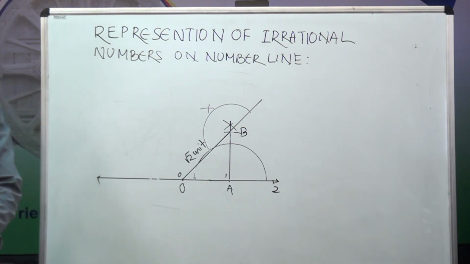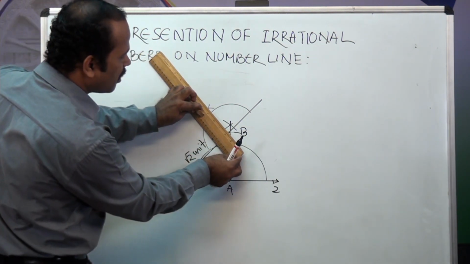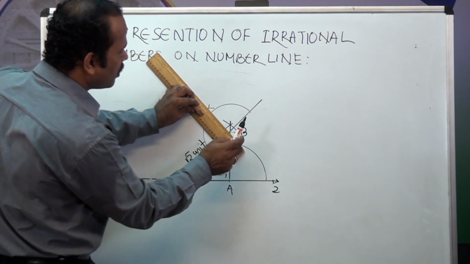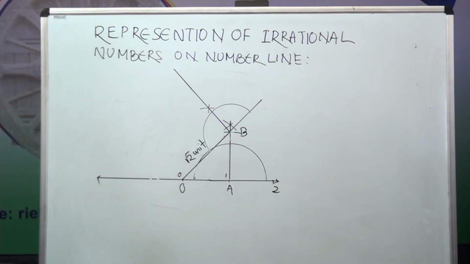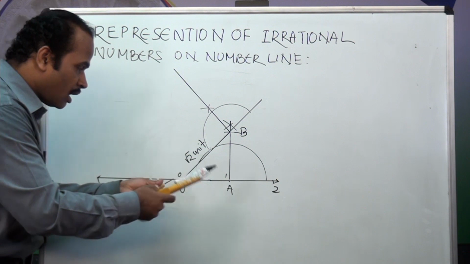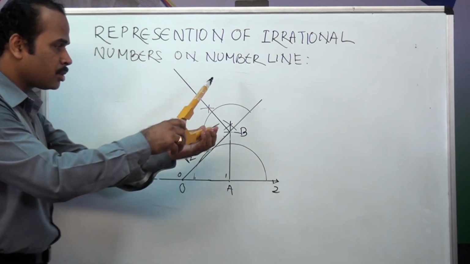Okay, so I will produce this line now to find the perpendicular at that point. So this is my √2 unit and I extended this unit. Again on that line I have to find one more 1 unit. I have selected already 1 unit here. Let me choose 1 unit from here also.